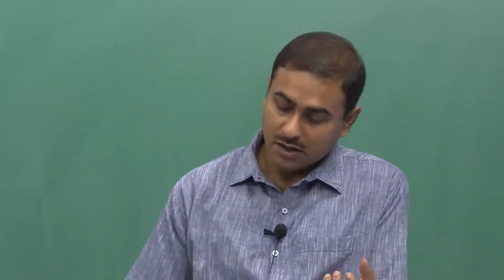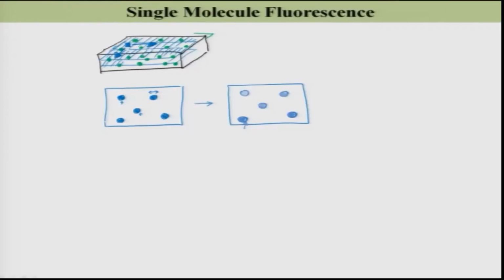So, it is possible that for this molecule the excitation is more favorable because its transition moment is oriented parallel to the electric field of the excitation light. In this case it is not. So, the different molecules are not aligned in a similar fashion.